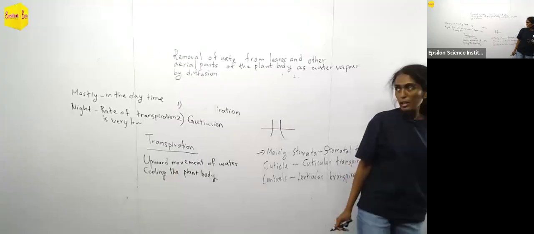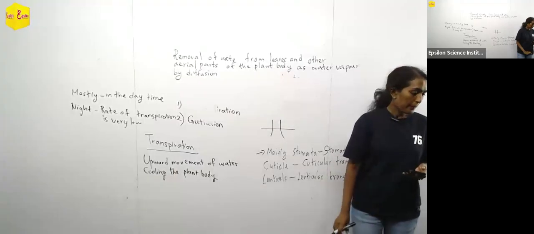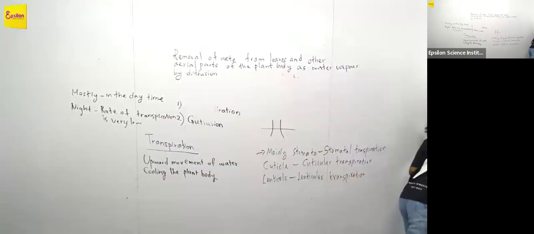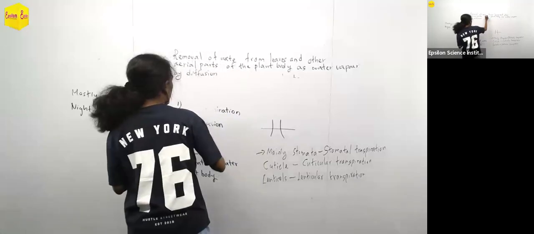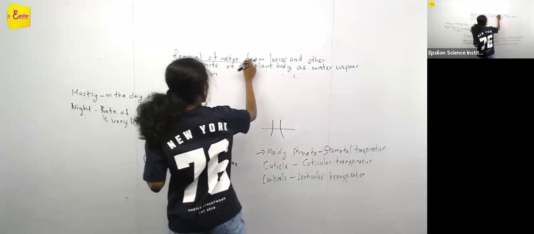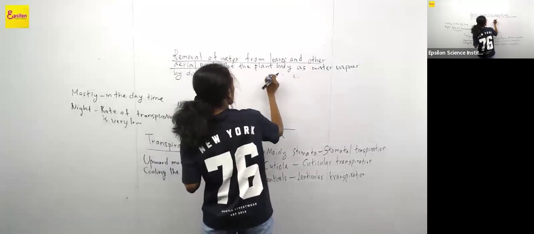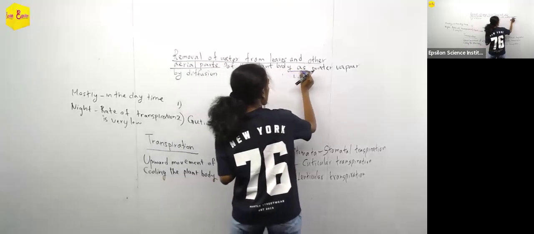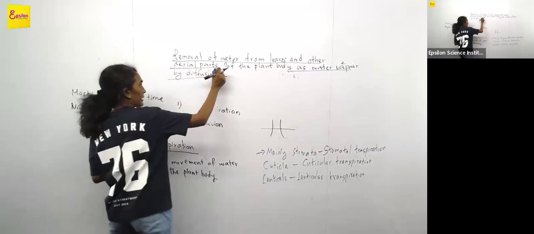Remember the definition now itself. We'll give you two to three minutes. If you break this into fragments, it is easy to memorize. Removal of water from the leaves and other aerial parts, one, and as water vapor, two, by diffusion, three.